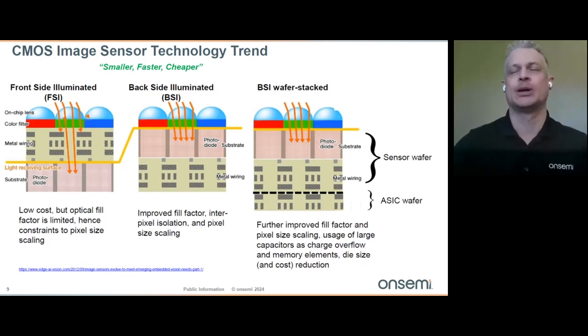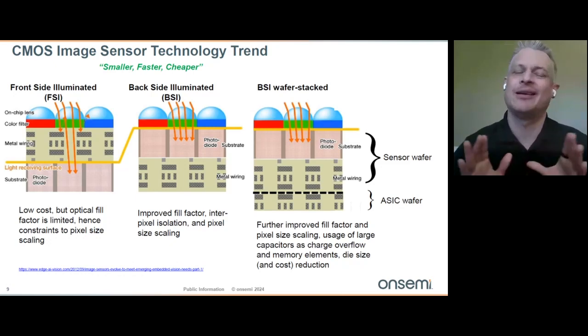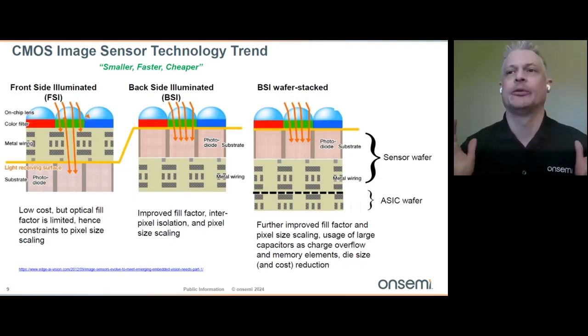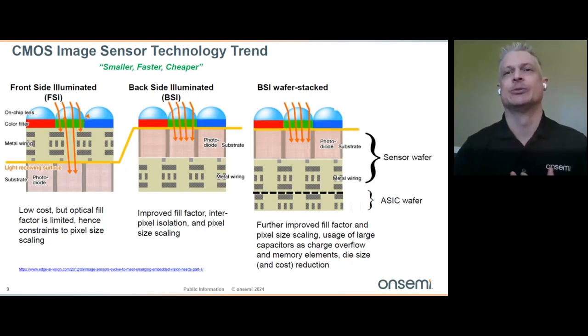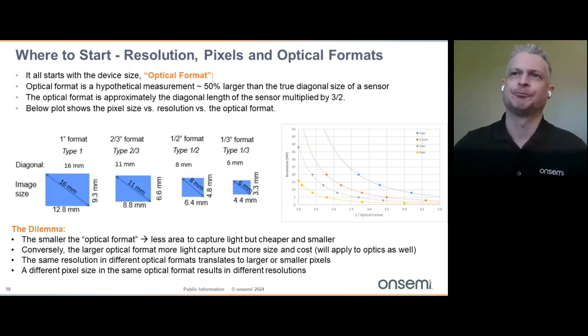We're still at the BSI wafer stack. I know people are looking at other ways of doing some stacking. But at the end of the day, what it all comes down to is what we call the fill factor. This is really the conversion of those photons into electrons and how to do that best. And that's just something that's not going to change regardless. There may be different architectures to do that, but that's really the heart of it.